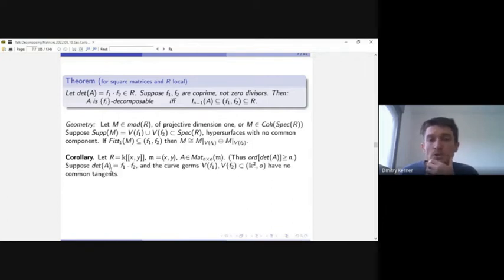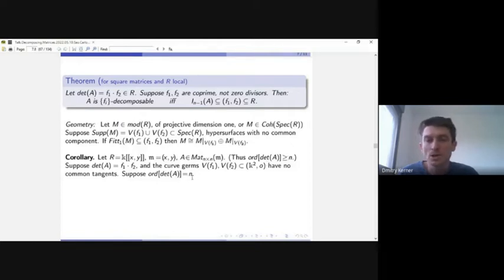Now, suppose the determinant factorizes, and suppose the curve germs, yes, these two curve germs in our plane have no common tangents. They could be singular, yes, but I want their tangent cones to be disjoint. And now suppose that the order of the determinant is not bigger or equal, but equals exactly n.